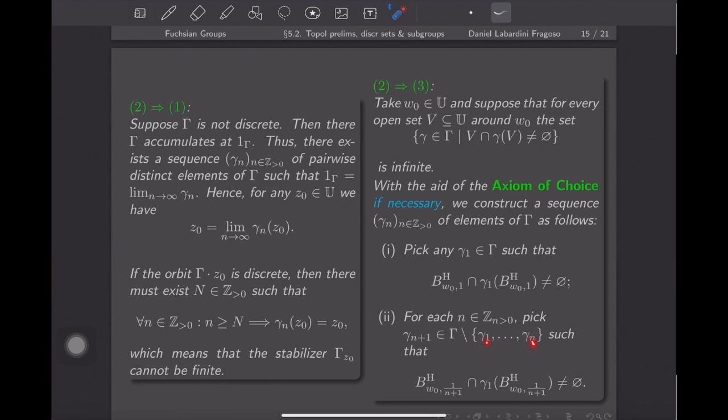First of all I take an element different from the ones that I already constructed in the first n steps.